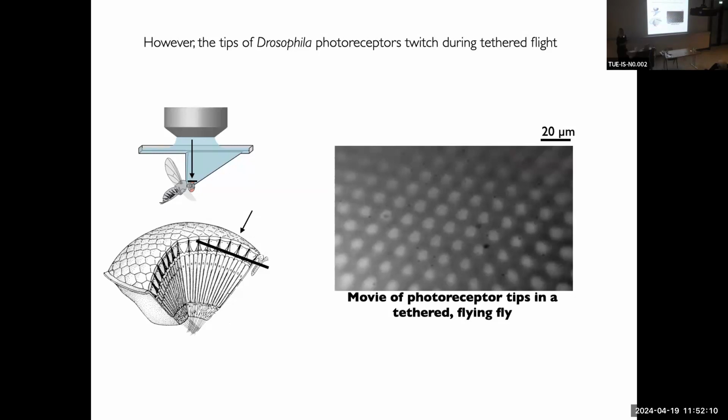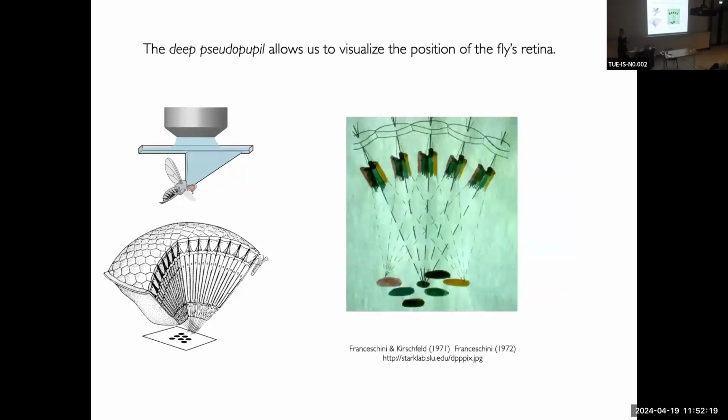And in order to observe eye movements in a more realistic or experimentally accessible setup, we made use of the deep pseudopupil that was actually also figured out by Nicola Franceschini and Kuno Kirschfeld. The deep pseudopupil is a quirk of the compound eye, which is basically an enlarged virtual image of the photoreceptor tips inside the fly eye.